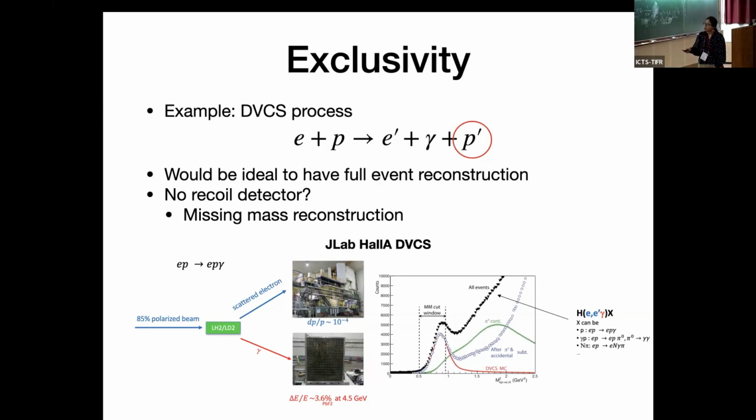And you can see the difference between the setups here. You have this spectrometer and detector package, a pretty complicated spectrometer, to detect the scattered electron, right? But on the other hand, the photon detector is just a calorimeter sitting there, right? Can you tell me why you have this different type of setup here and here? When you're detecting the electron and you're detecting the photon, what's the difference? Charge difference, right?